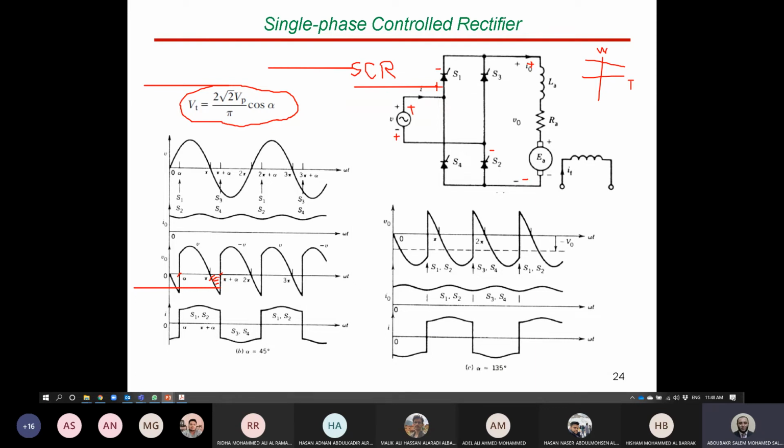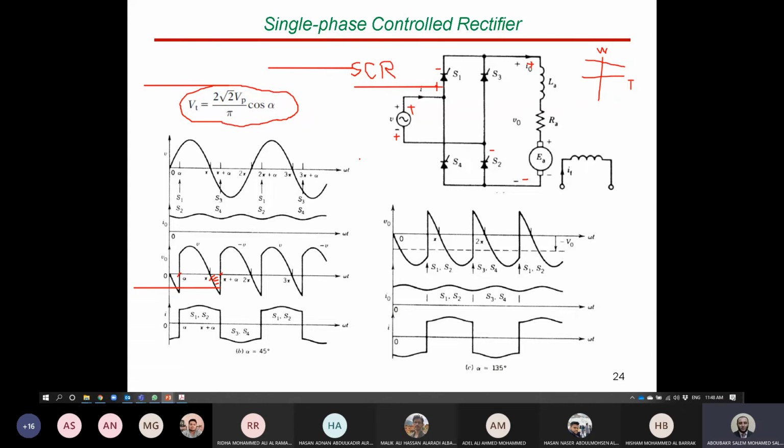So 1 over pi multiplied by the integration from alpha to pi plus alpha of the equation, which is V maximum sine omega t, or rather square root of 2 Vb sine omega t. If you do this integration, we get this final form of the relationship. This now represents the output voltage of this circuit. So we can simply use this relation to calculate the required voltage for our operation.